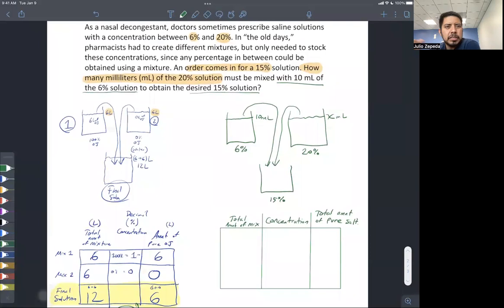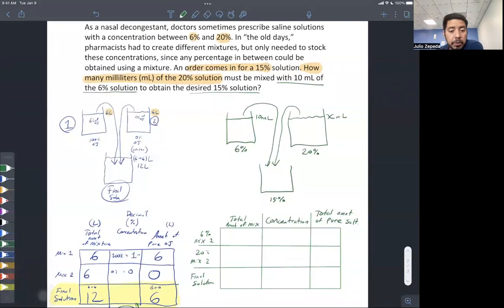All right, so saline solution is made with some sort of salt mixed in with a liquid. Okay, so those are our quantities of interest. What are the different categories here? Well, we have our 6% solution, if you want to call it solution one or mix one, whatever you want to call that. I'll also put mix one. And then mix two, mixture two, solution two, that's 20%. And then the final mix or final solution.